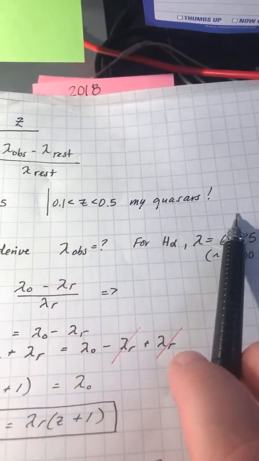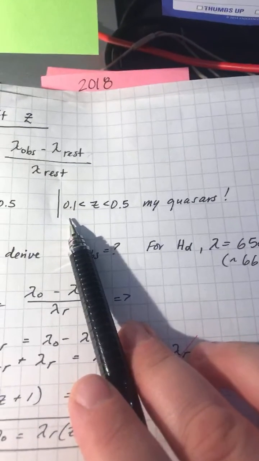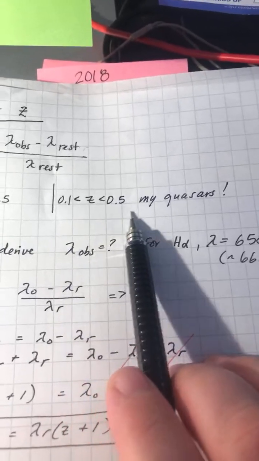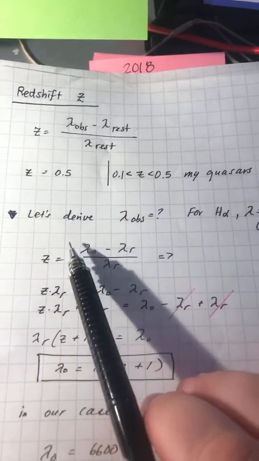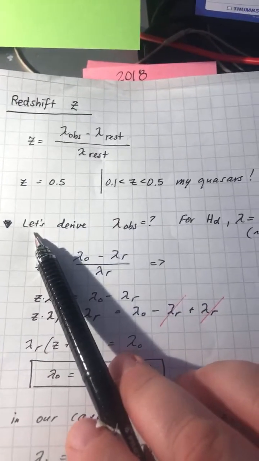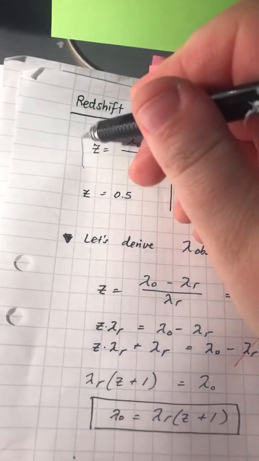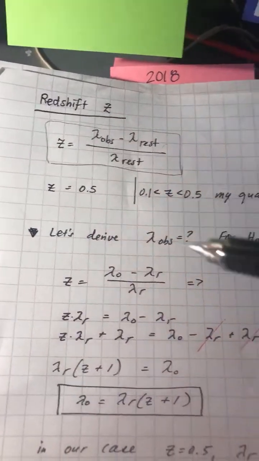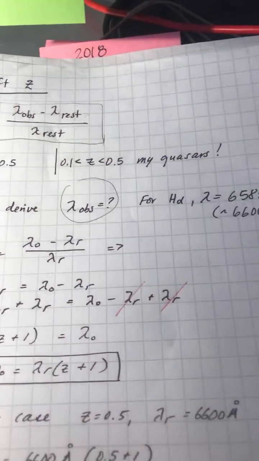For my quasars, in the sample of the Dusty Quasar project I'm working on right now, the redshift is constrained between 0.1 and 0.5. So I want to derive from this definition of redshift the formula for the observed wavelength.